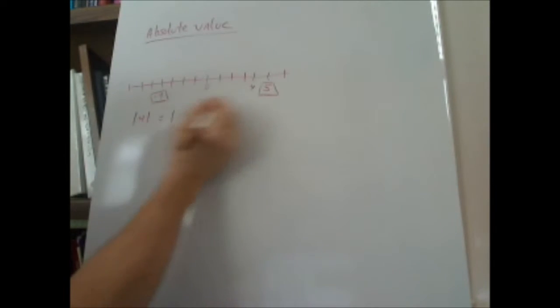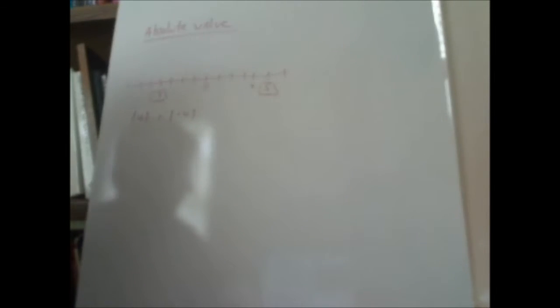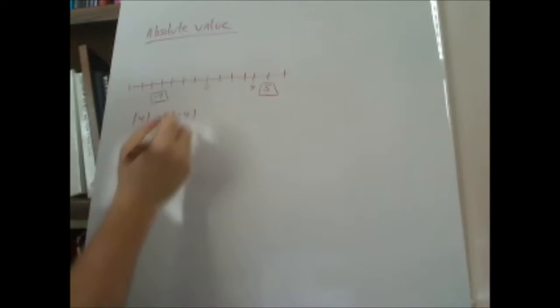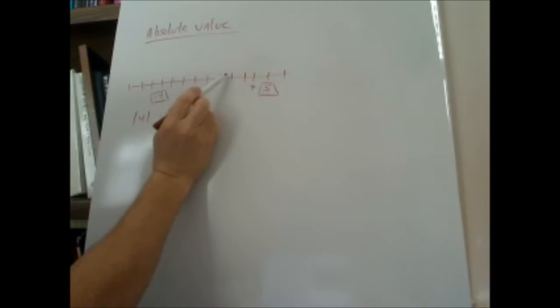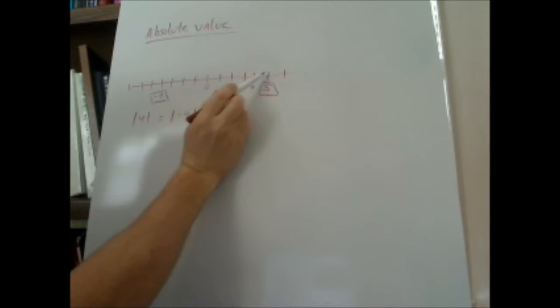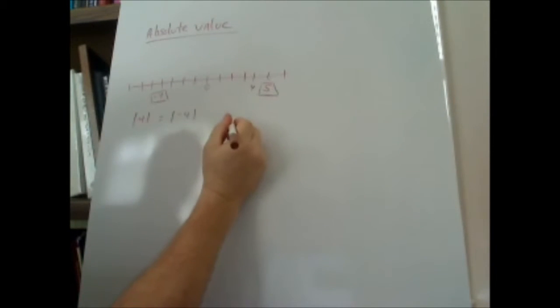I mean, if you say, okay, I'll add 5 and -4 and I get 1, that doesn't tell you how far you went to go from here to here. So basically, you look at the distance in absolute terms, going from -4, you have 1, 2, 3, 4, 5, 6, 7, 8, and 9. 9 units.